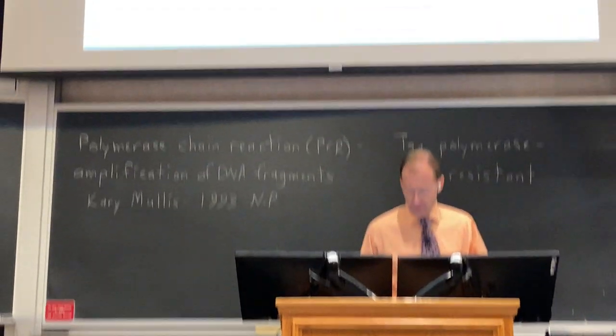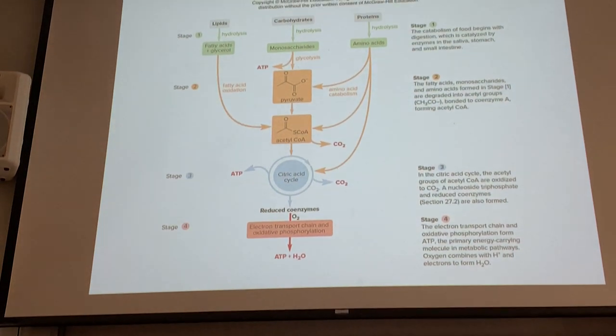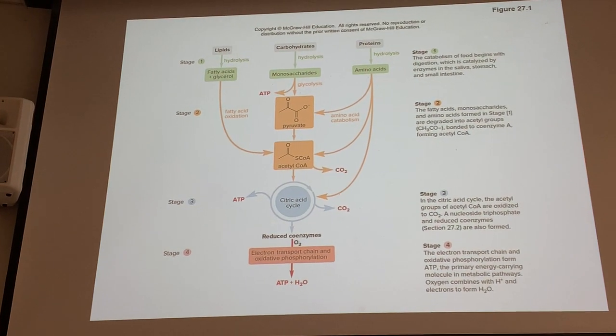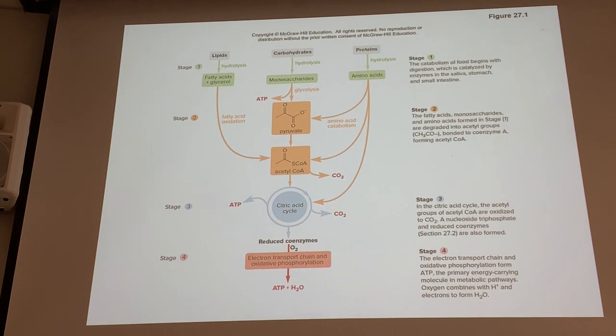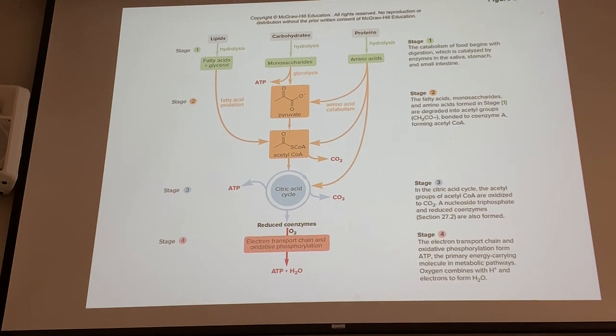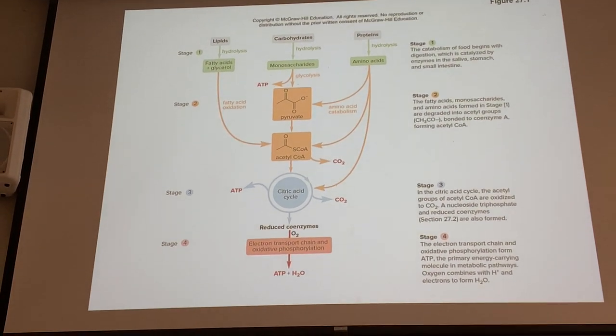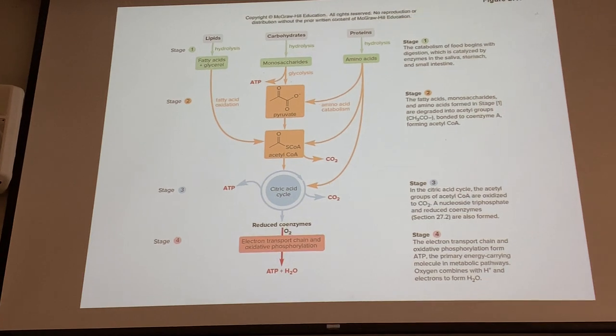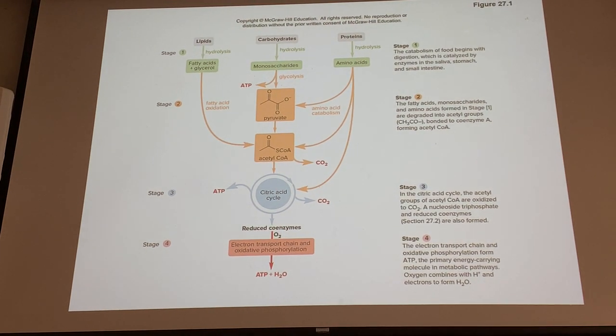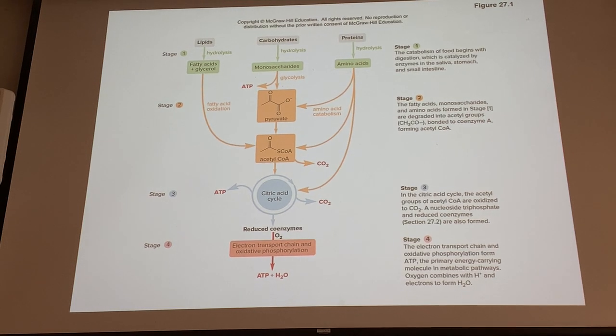And we have here an overall figure from the textbook that describes various stages of this catabolism process, starting from lipids, carbohydrates, and proteins. The process will begin by hydrolysis of those large polymeric biomolecules into the monomeric units.